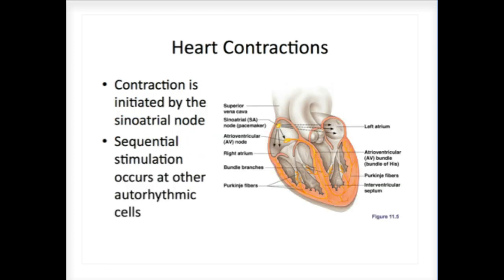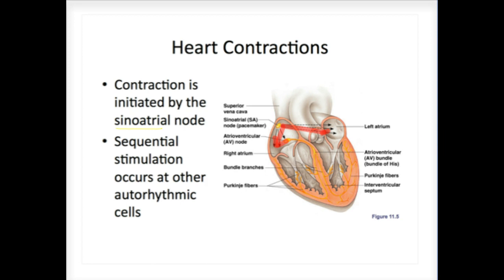Now, how this sequential order occurs is based on the location of the sinoatrial node. Notice that my sinoatrial node is right up here at the top of my right atria. Notice how we send the signal to the right and left atria, in essence, kind of a simultaneous idea.